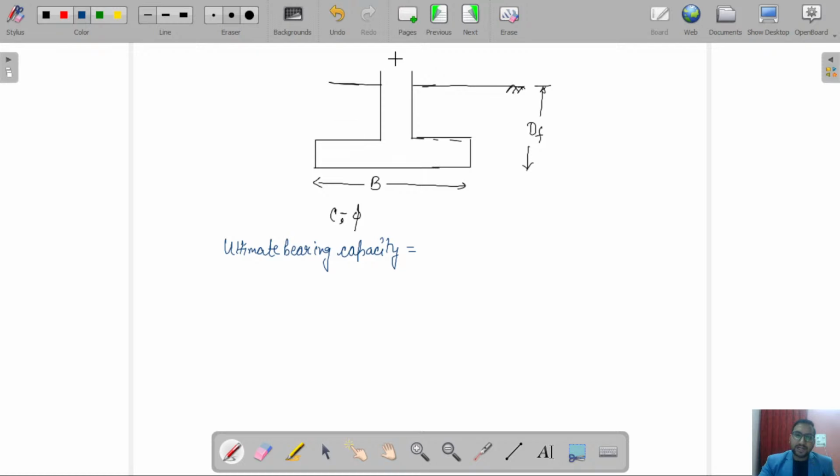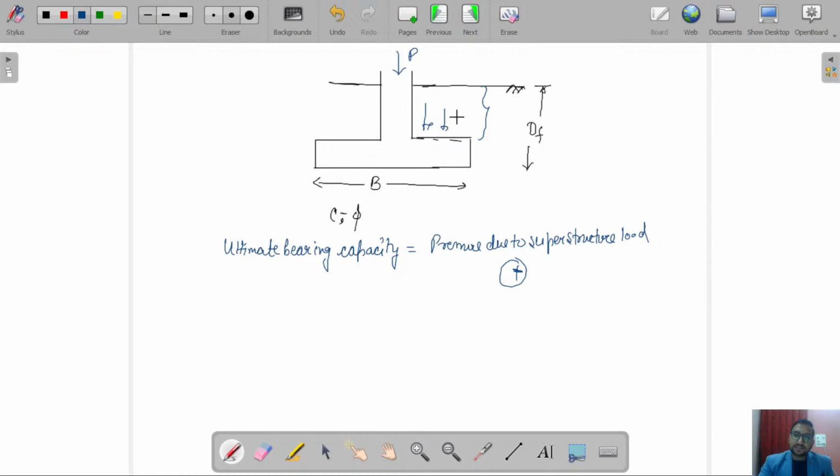That pressure will include, suppose this is any load coming from the superstructure, P. So the pressure due to this superstructure load, or the load which is coming on this column, plus there will be a pressure due to the soil.